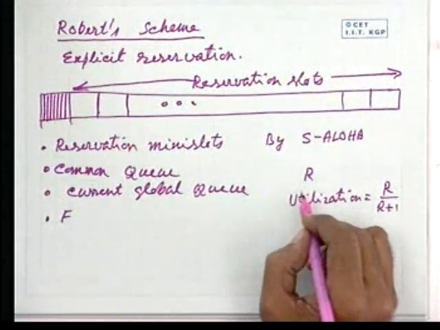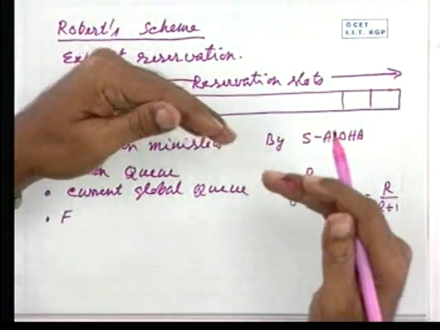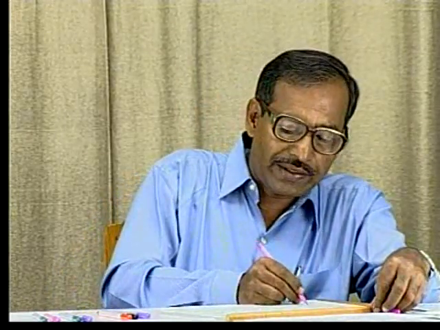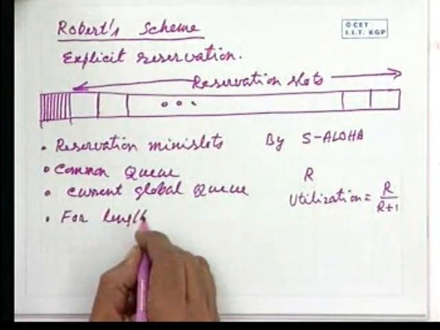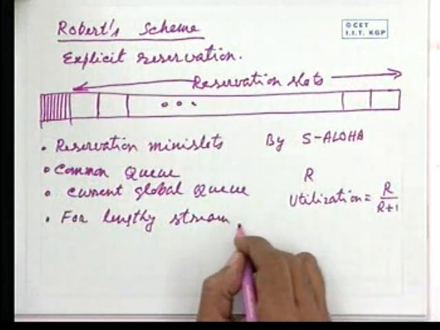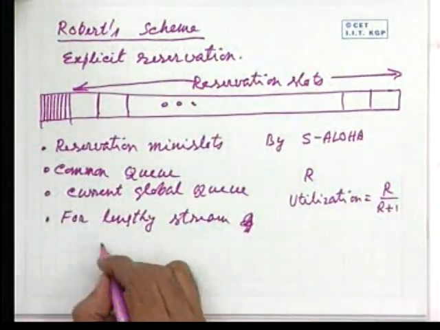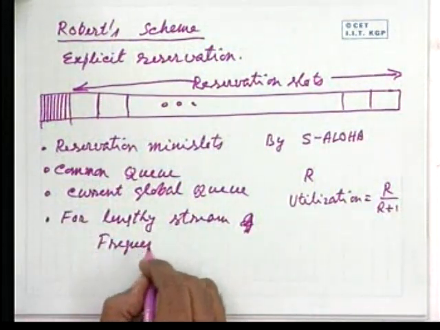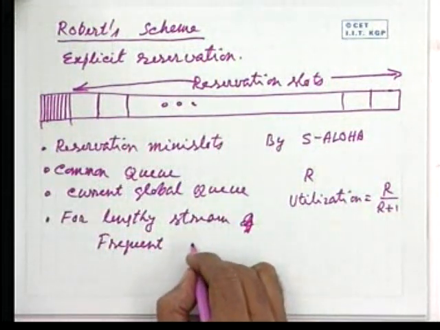This restriction is necessary because if a station has a long message to send, it may reserve the entire slots for a long duration. That is not desirable. So for the purpose of fairness, it is necessary to impose this restriction. That is the reason why for lengthy stream of data, frequent contention is required.